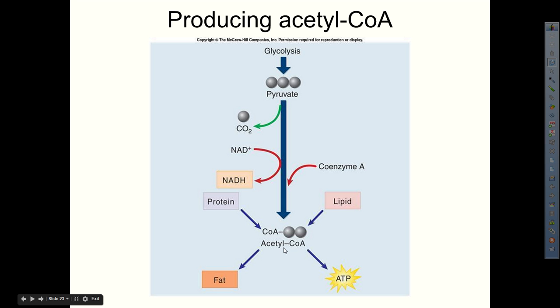And so basically your body has to make a decision as to, do I need energy right now or do I need energy later? Remember that fat lipids are an energy storage area. So if I need energy later, this acetyl-CoA is going to form fat. If I need energy right now, my body is going to make ATP with it.